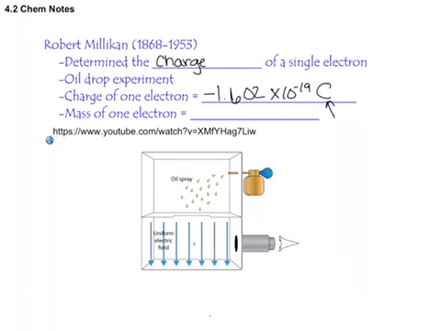And so this C stands for coulomb, which is the unit of measure of a charge. He also determined that the mass of an electron was 9.11 times 10 to the negative 28th grams. So they're very, very small. So like I said, make sure you check out the links to these videos to get more details on these experiments.